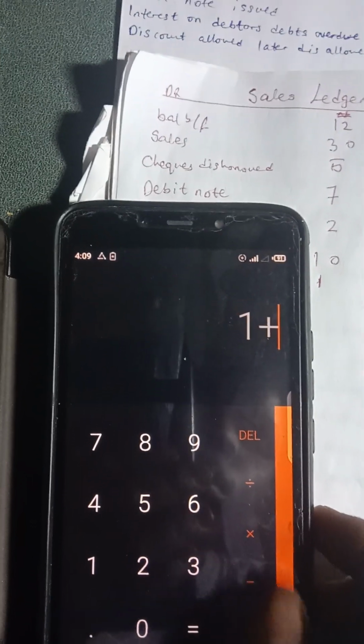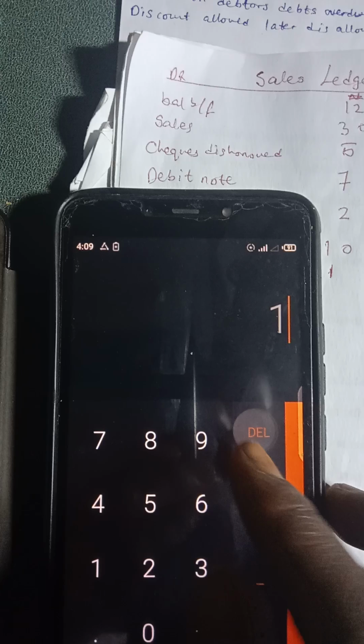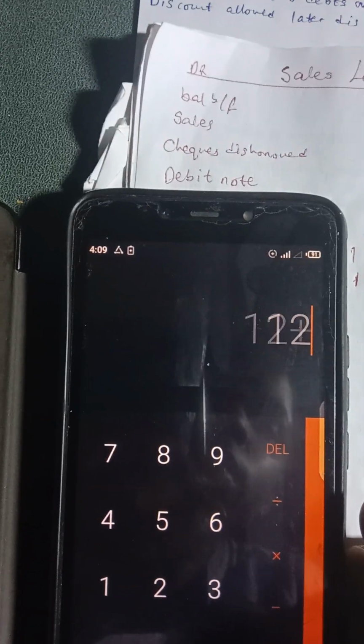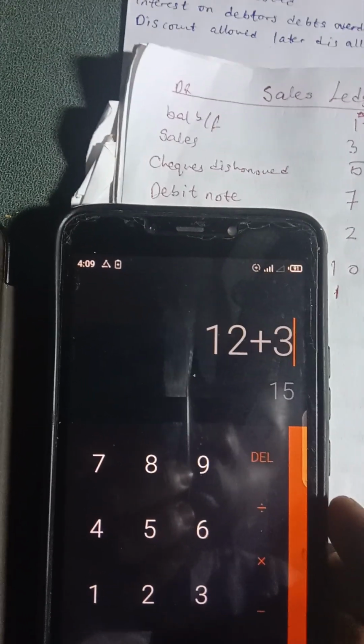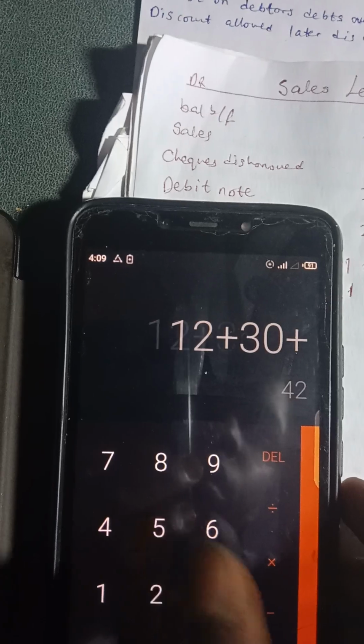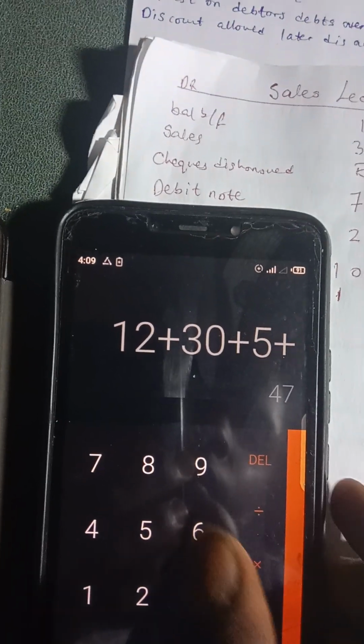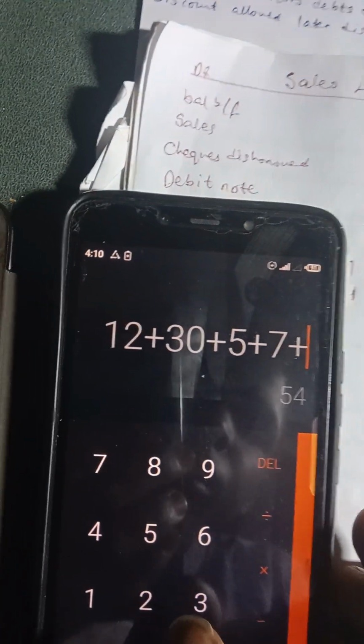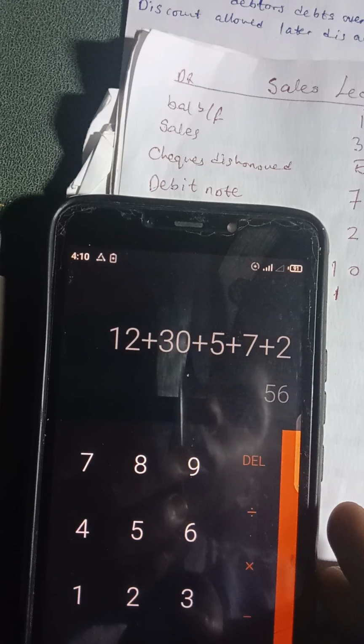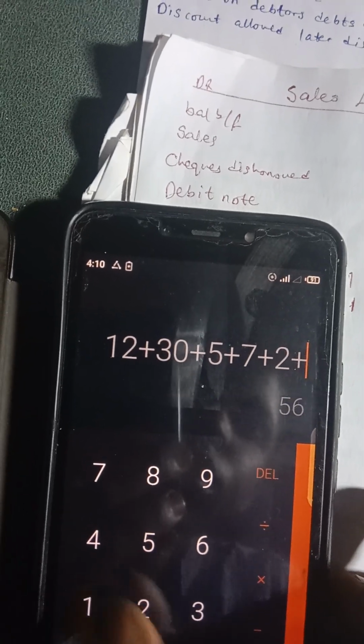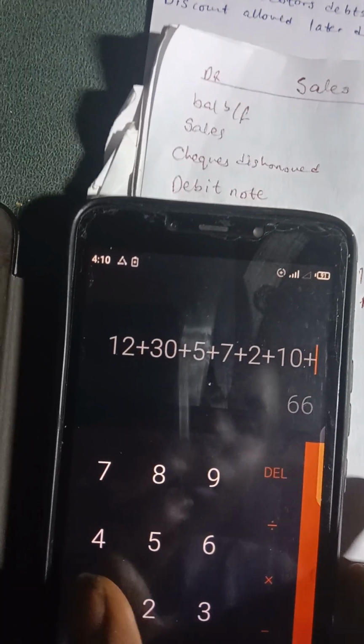We have 12 plus 30 plus 5 plus 7 plus 2 plus 10 plus 1, and that will give us 67.